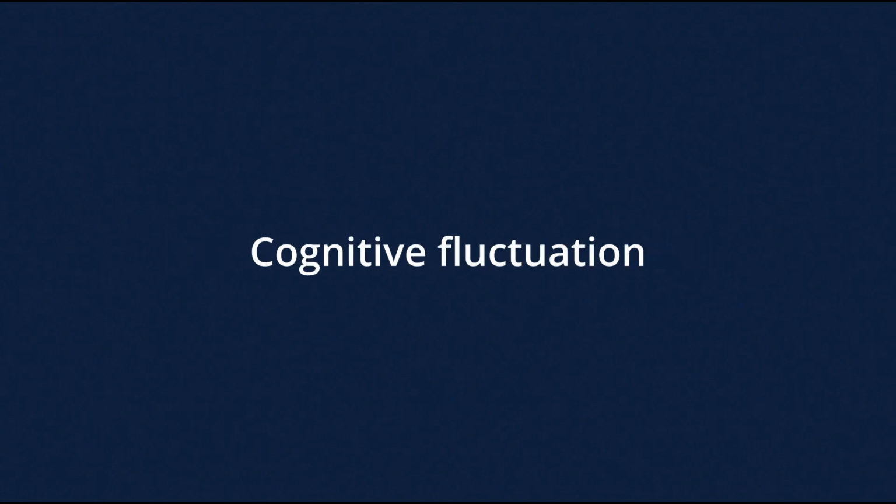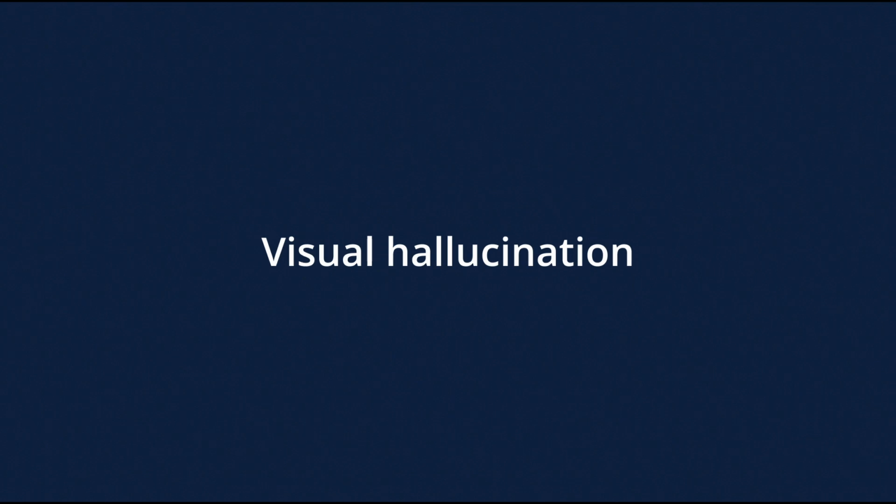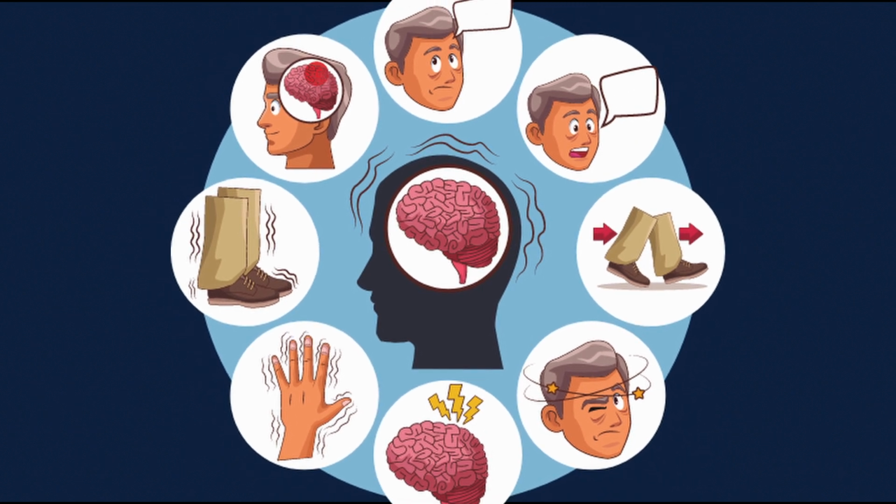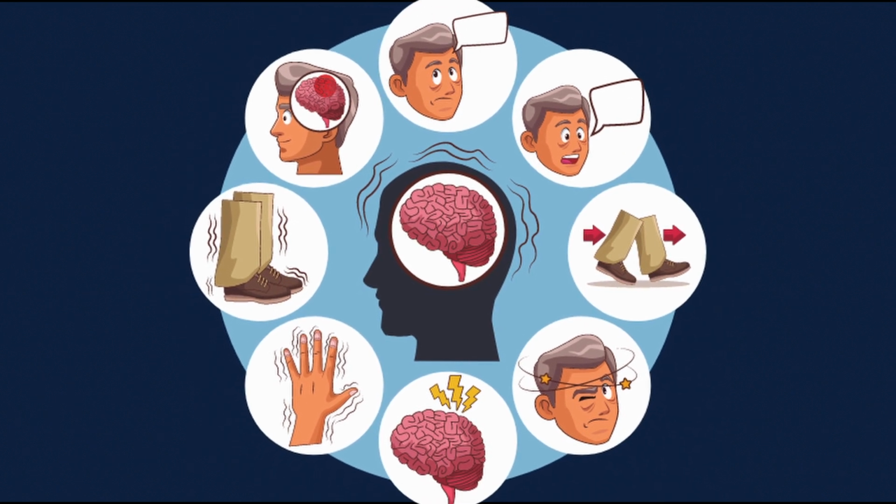In vascular dementia, there is a stepwise deterioration in severity of symptoms. Patients may also present with focal neurological signs. Clinical features of dementia with Lewy bodies include fluctuating cognition, recurrent visual hallucination, REM sleep behavior disorder, and one or more symptoms of Parkinsonism, such as bradykinesia, resting tremor, or rigidity.